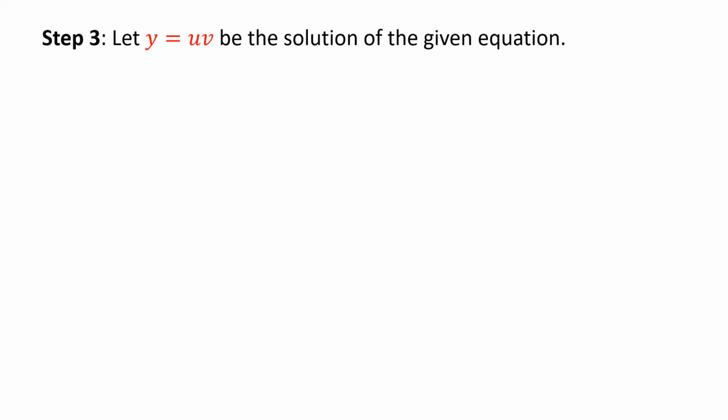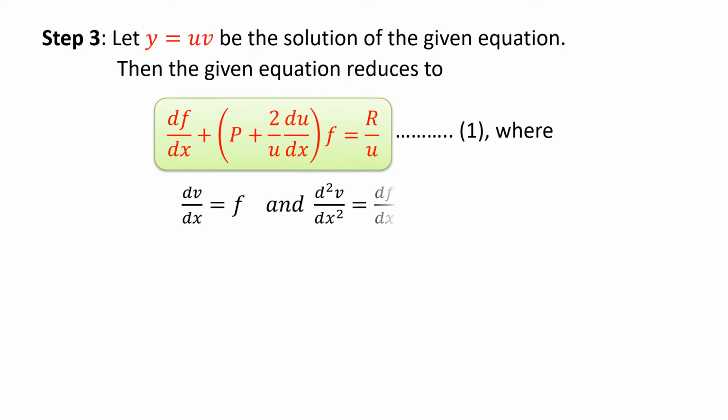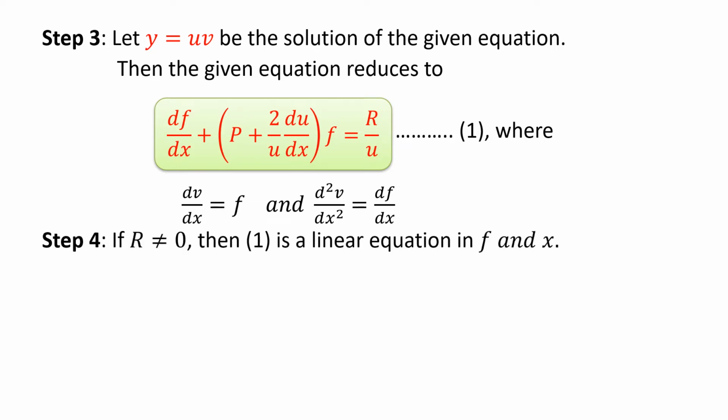And the third step is let y is equal to uv be the solution of the given equation. Therefore, the given equation reduces to df by dx plus p plus 2 by u du by dx into f is equal to r by u, where f is equal to dv by dx and also d square v by dx square is equal to df by dx. And the fourth step: if r not equal to 0, then the equation 1 is a linear equation in f and x which can be solved.